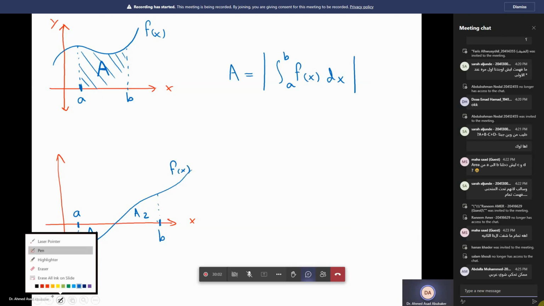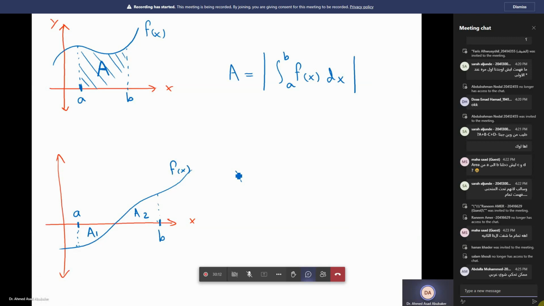So if we need to find the area from A to B, the area is equal to A1 plus A2.